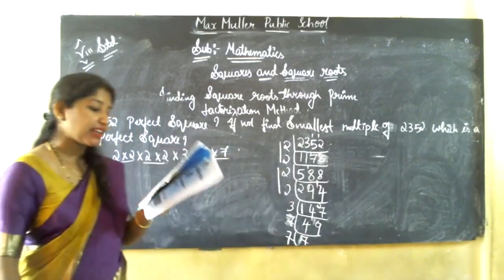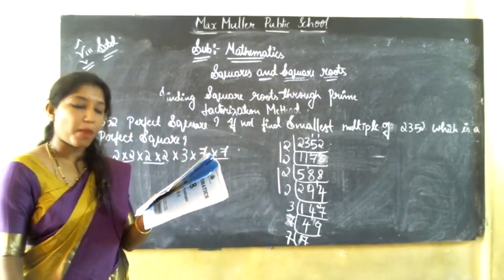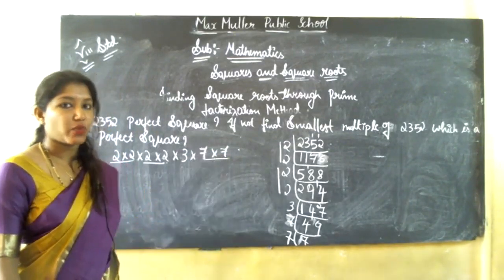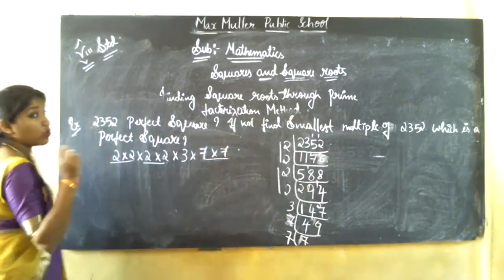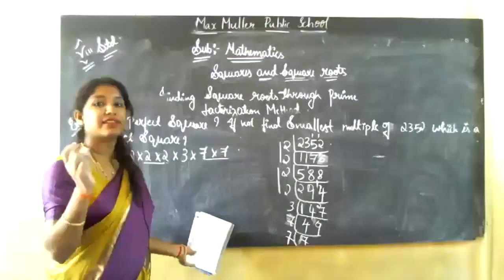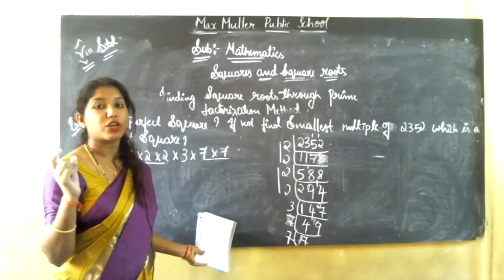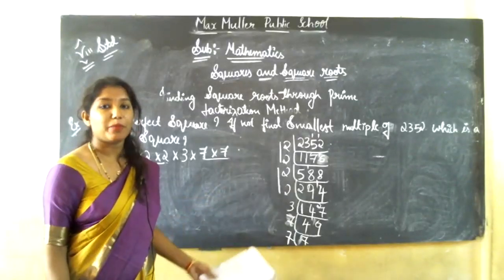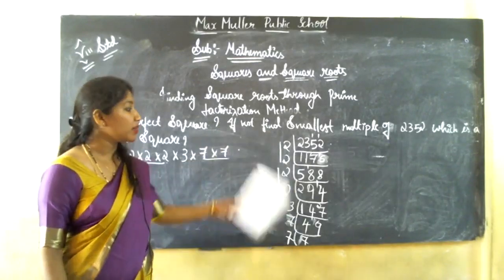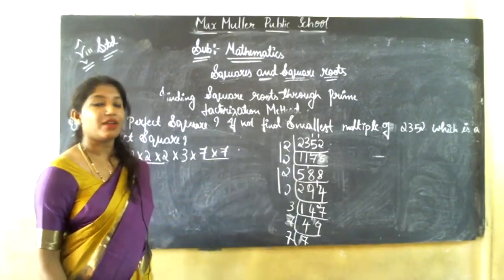As the prime factor 3 has no pair, 2352 is not a perfect square. You have to be clear that if it is a perfect square, then it will have a pair for each and every prime factor number.